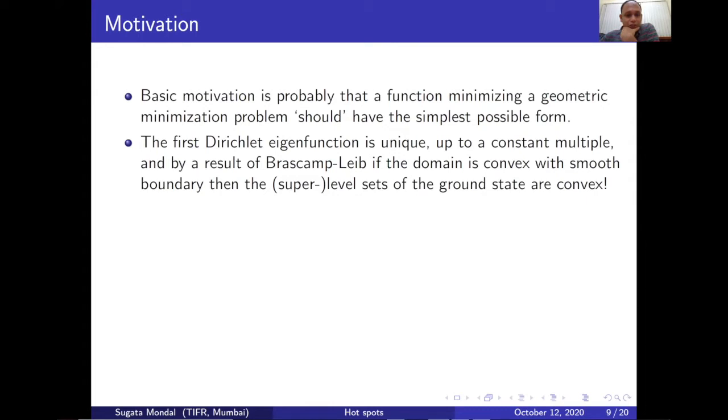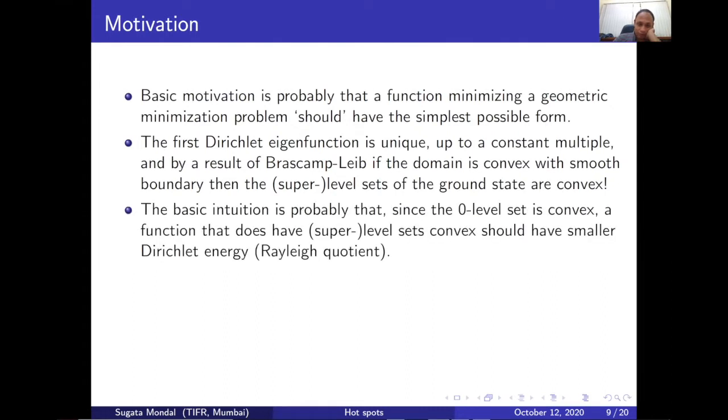And the result of Brascamp and Lieb says that if the domain under consideration has smooth boundary and is convex, then the super level sets of the ground state are actually convex. That's very nice, and this kind of result was probably the reason why the conjecture was thought of.